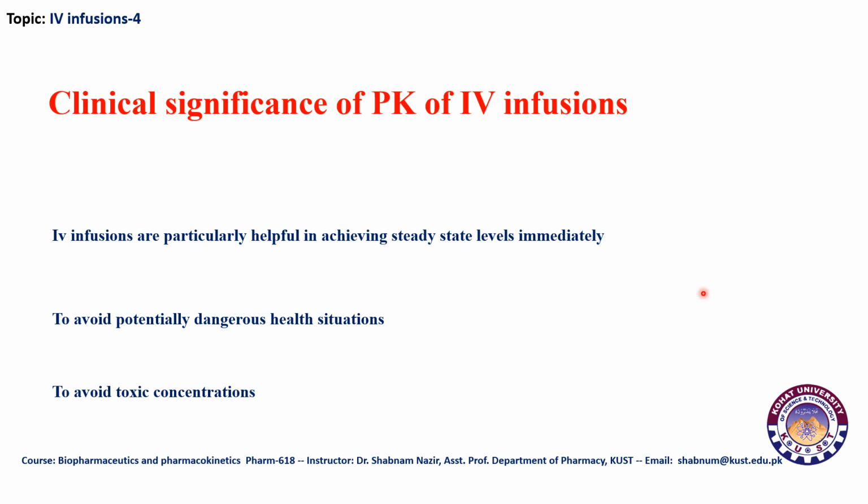There is an exponential decrease in the plasma drug concentrations, and that avoids any further increase in the concentration, or its being maintained at the level which was creating the toxic effects. So it is helpful to avoid toxic concentrations as well. These are the various factors specifically associated with the pharmacokinetics of intravenous infusions which make them so desirable.